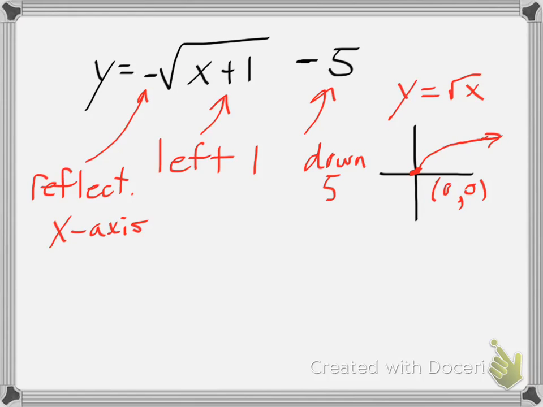But since the negative is not in front of the x, it's outside the whole expression, the whole radical symbol, then it would be the x-axis. And more to that logic, I can multiply both sides by -1 and the negative would come back in front of the y. And I could use the same logic. Well, in terms of opposites, if the negative was in front of the y, it's a reflection over the x-axis.